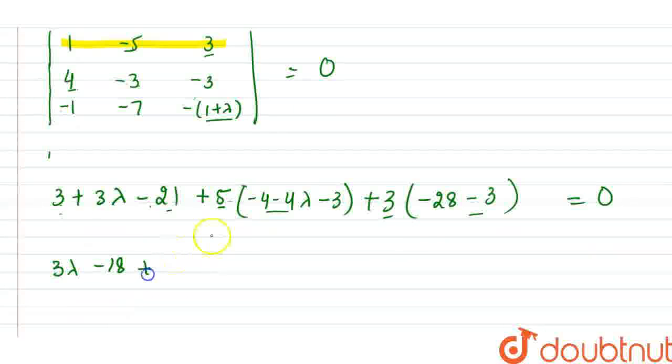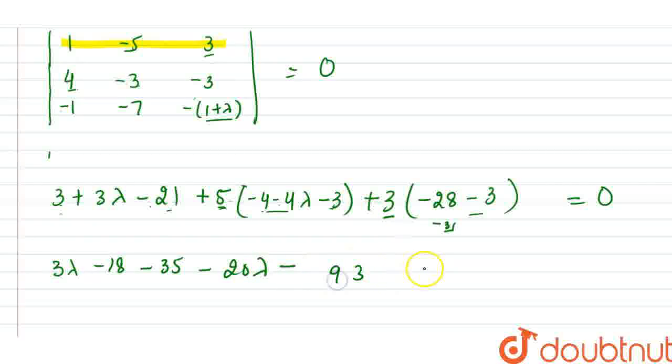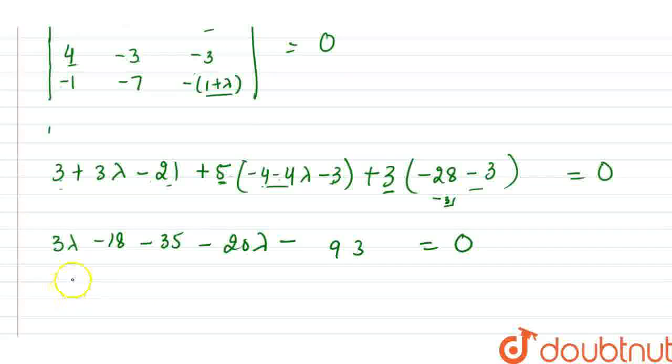This will be, this is -4 and -3 will become -7, and -7 times 5 will give -35, and -5 times 4 will give 20 lambda. Now multiplying 3 with, this will be -31. So this will be -93 is equals to 0.